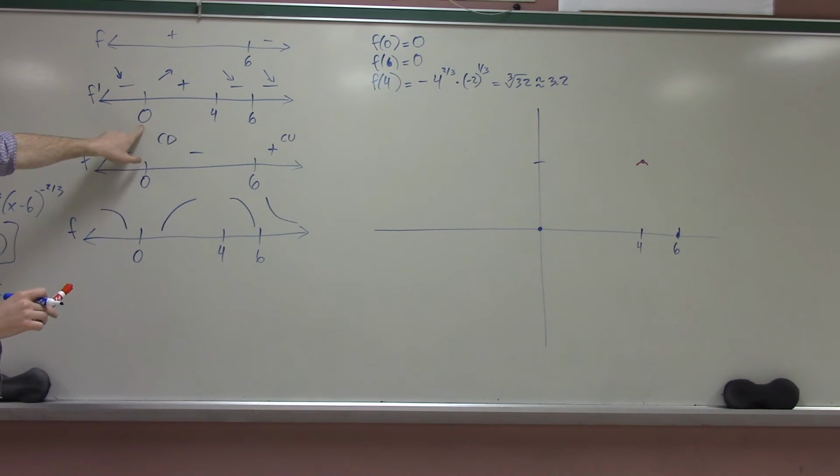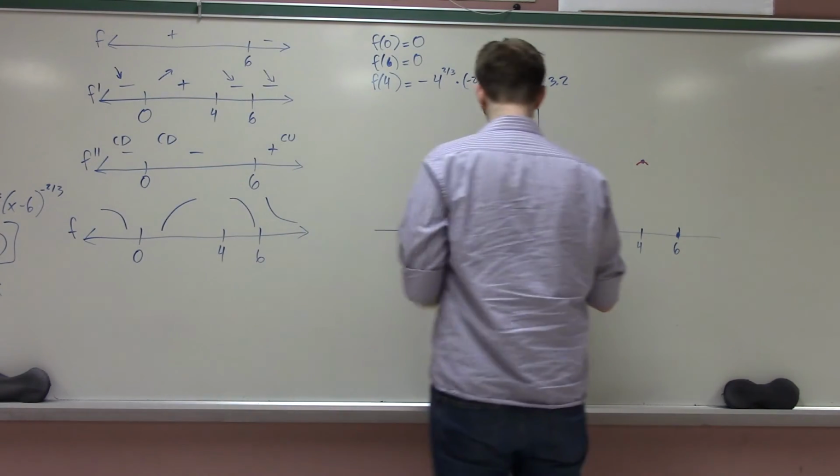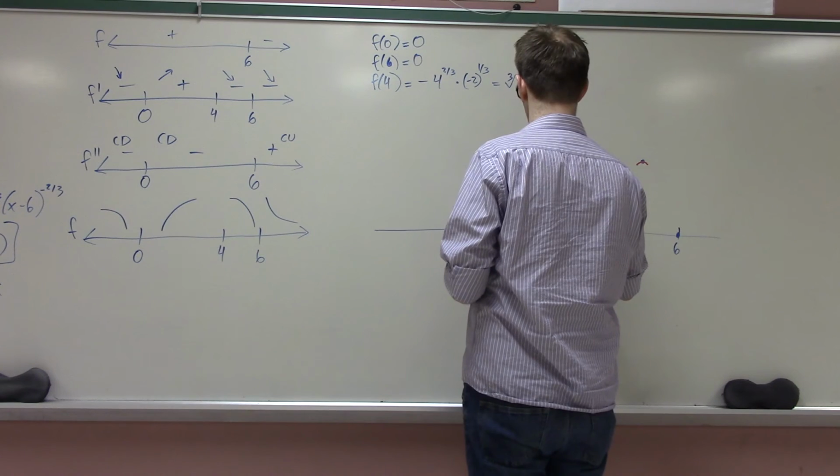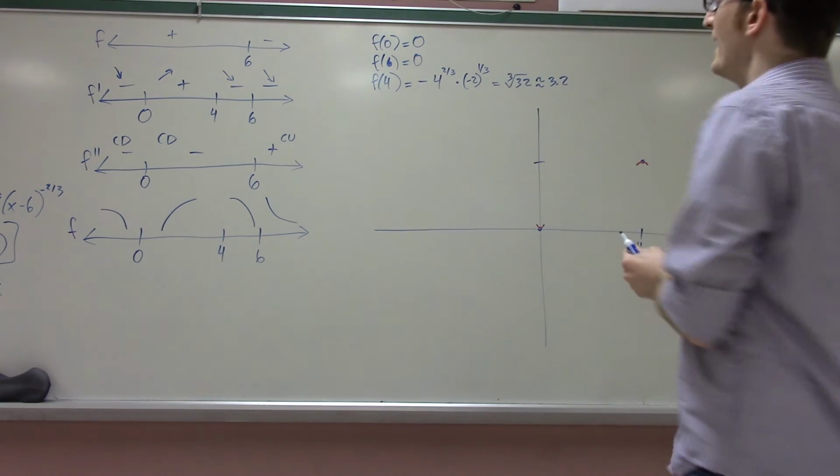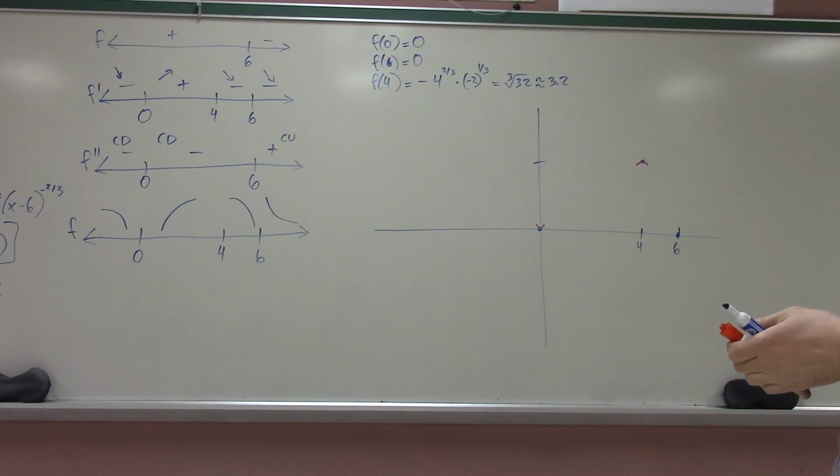So there's a relative min at 0. So I'm going to do a little bit of this. What else do I know? There's a point of inflection at 0, etc., etc. Okay, let's try to graph this thing.